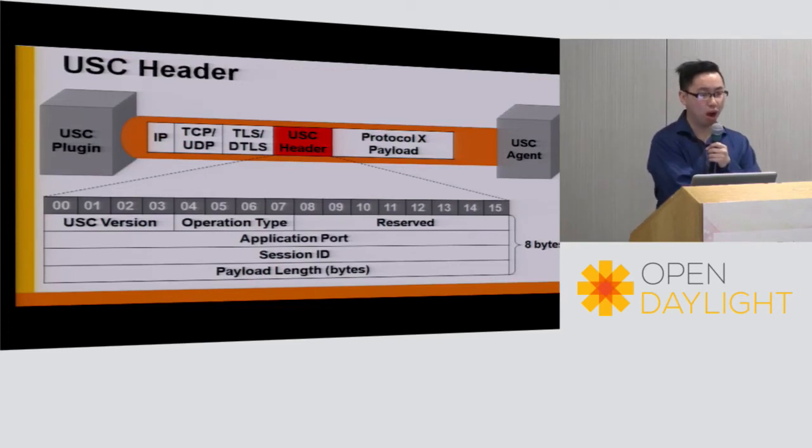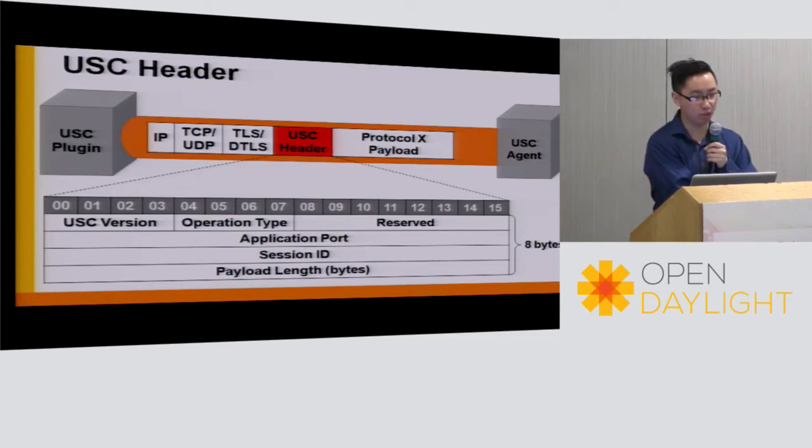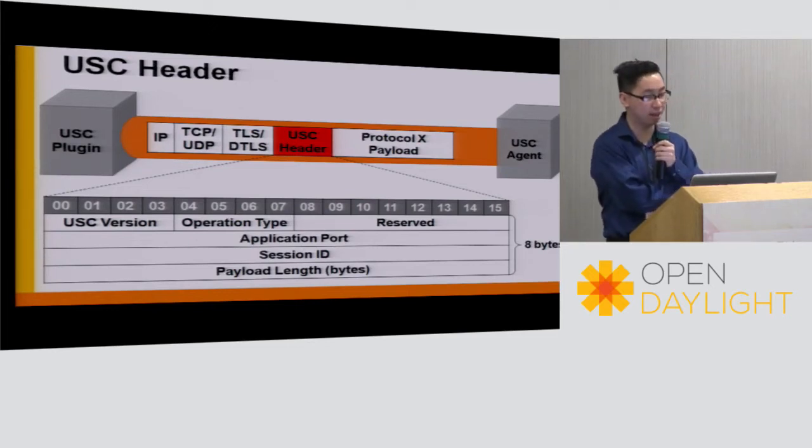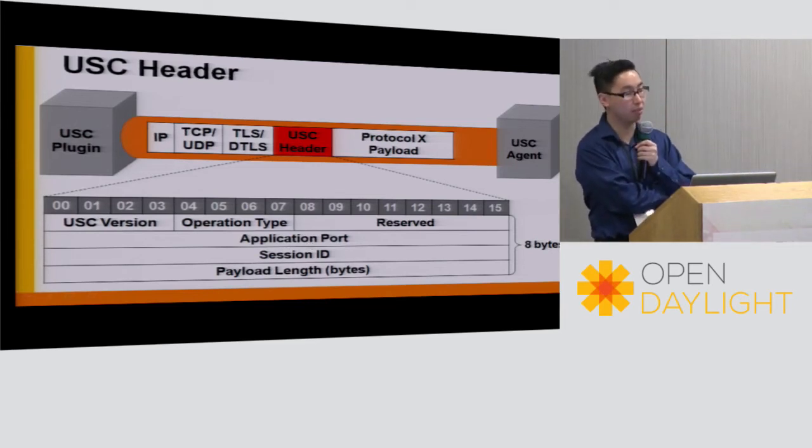What really powers USC is a header which we defined. It's 8 bytes in size. We take the protocol payload and add the USC header, which defines the USC version, the operation type, the application port, the session ID, and the length of the payload.